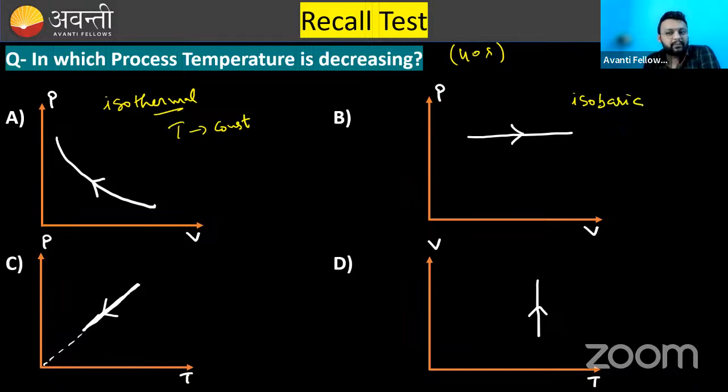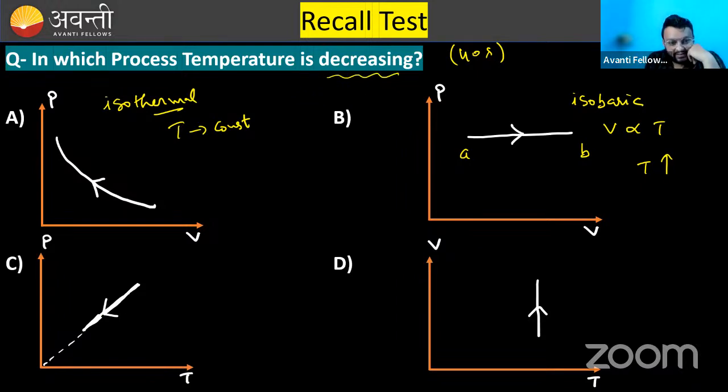And in an isobaric process, what we have studied in the previous section is that V is proportional to T. So you can see that for the process, volume is increasing. If volume is increasing, then temperature is also increasing. So in this situation, temperature is increasing and they are asking about decreasing temperature. So option B is also wrong.